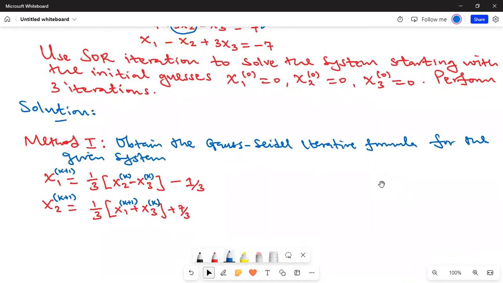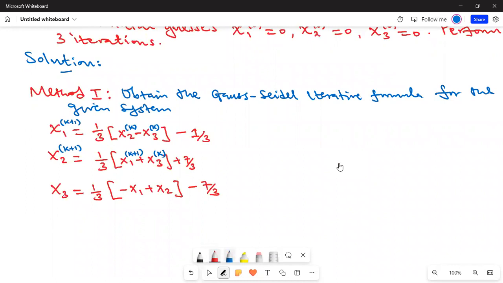In equation 3, make x3 the subject. So what I'm going to get is that x3 is equal to 1 over 3 into negative x1 plus x2 minus 7 over 3.